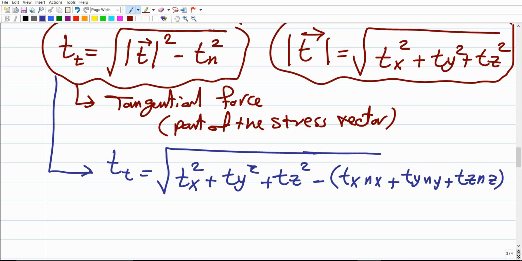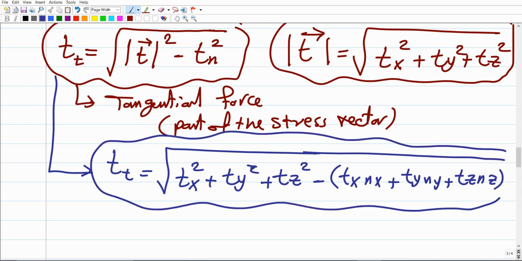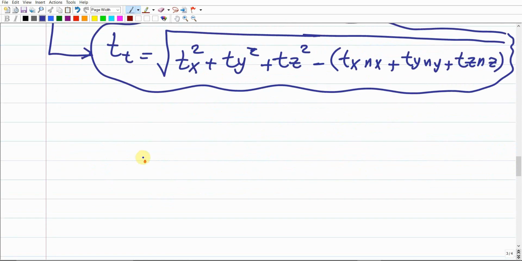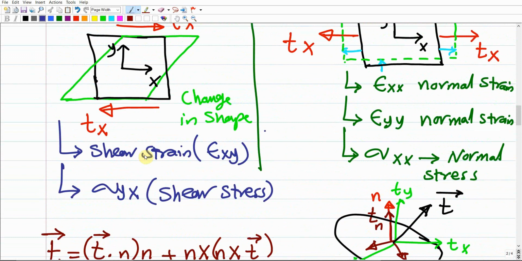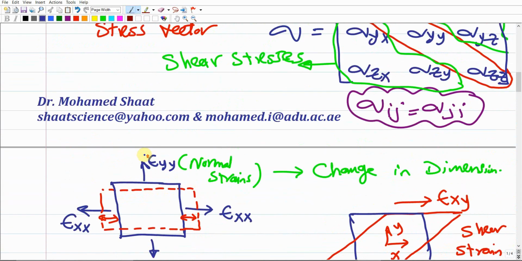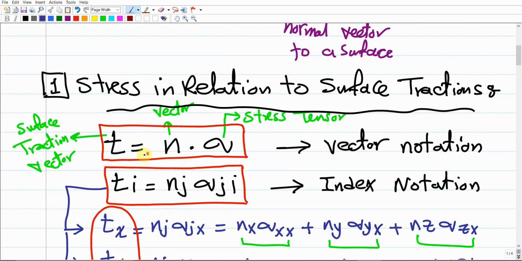Make sense? All of this under the square root is going to give us the tangential component of the force, of the stress vector or the surface traction. So this is the relation of the stress in relation to the surface tractions.